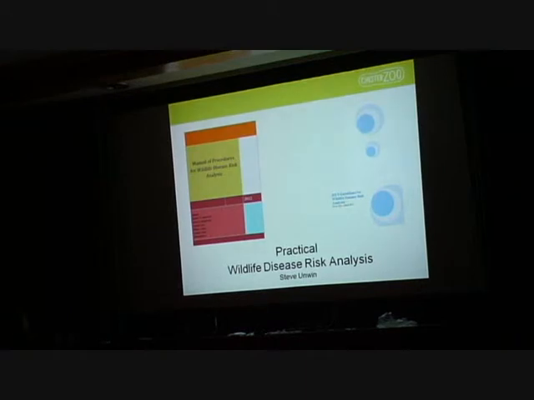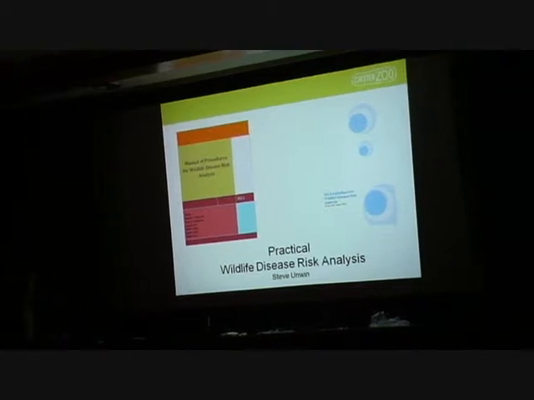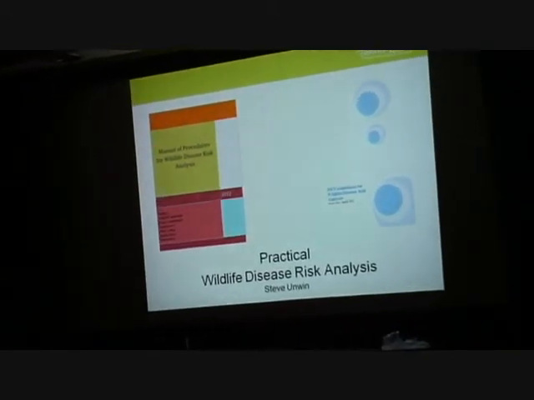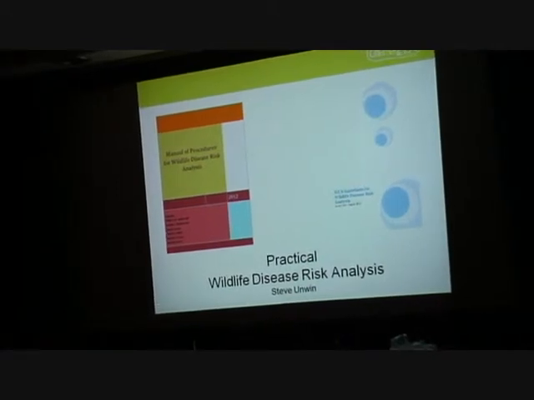Okay. Right, practical wildlife disease risk analysis. These are the covers of 2 documents, and I would love to be able to give you these documents. The trouble is they're not going to be published for another couple of months. So you should at least know about them, because what I'm going to talk about is based on these documents. First one is a new one called the Manual Procedures for Wildlife Disease Risk Analysis.